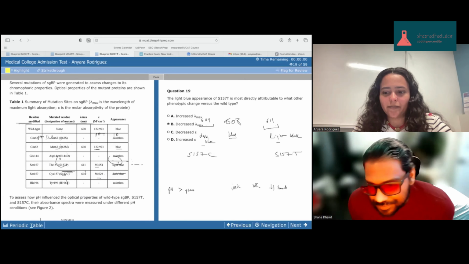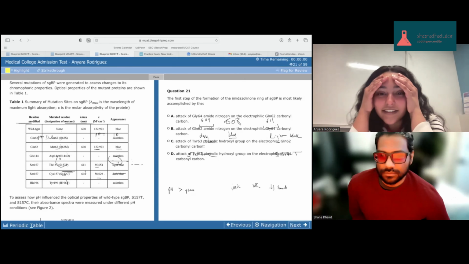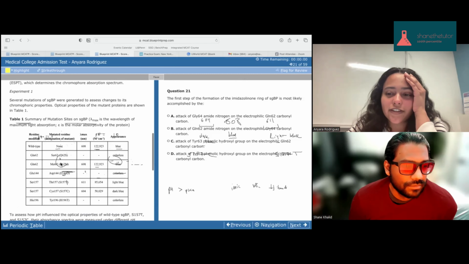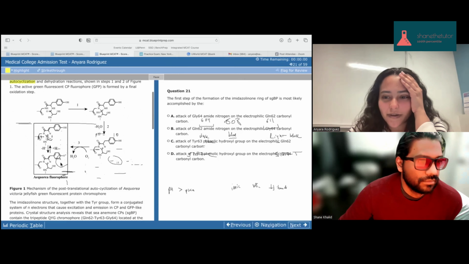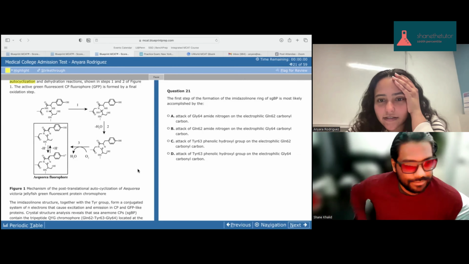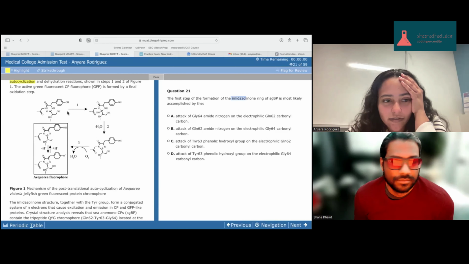Okay. So the first step of the formation of the imidazolinone ring in SGBP is most likely accomplished by the... Could you erase this? Is that possible? So, we went through it.